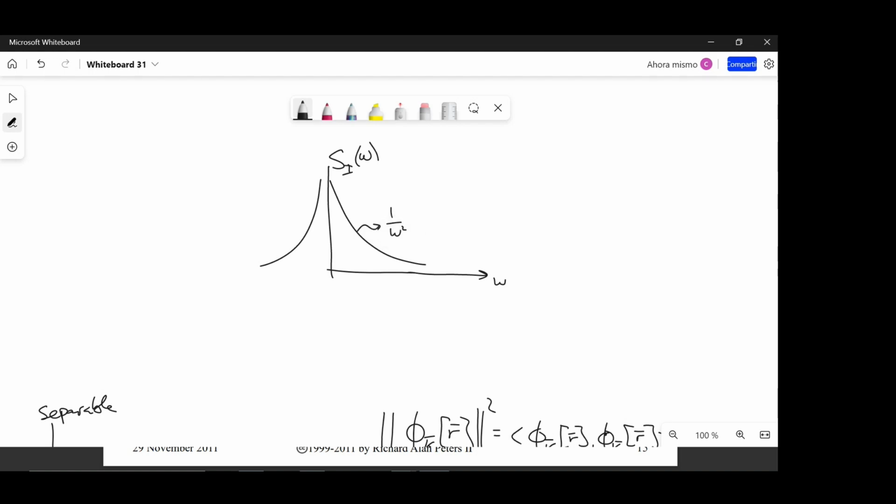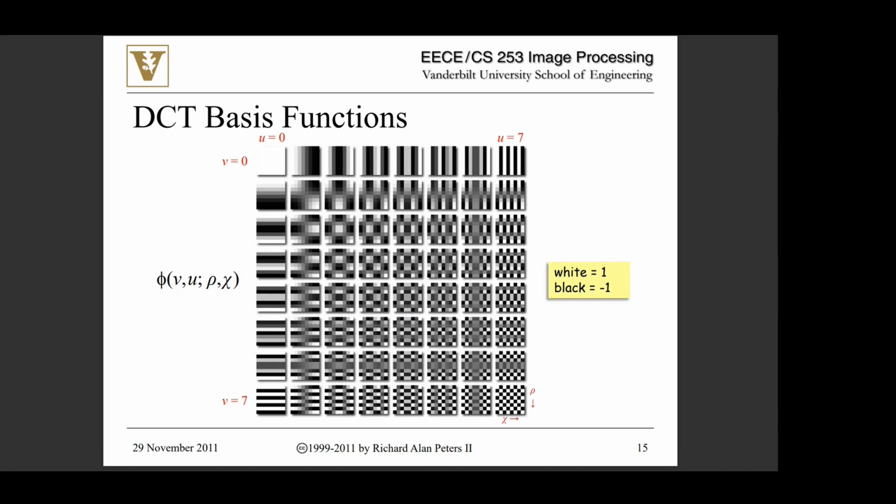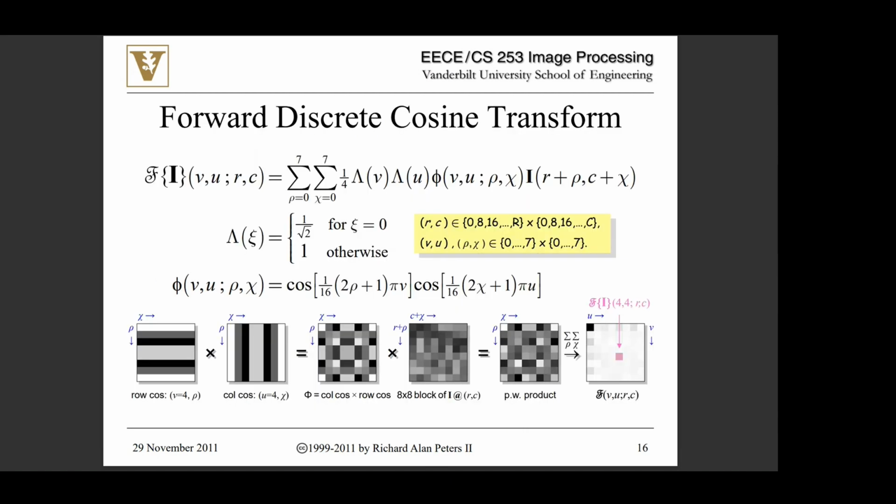That means most of the energy is at low frequency. In the discrete cosine transform, it's the same. Most of the energy is at low frequency, so the low frequency components tend to have higher values than the high frequency components.